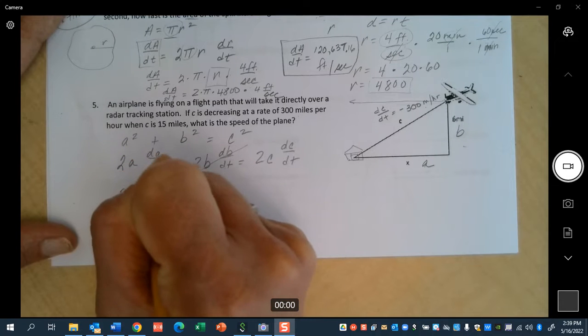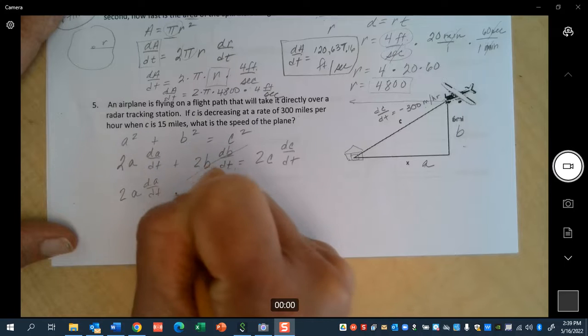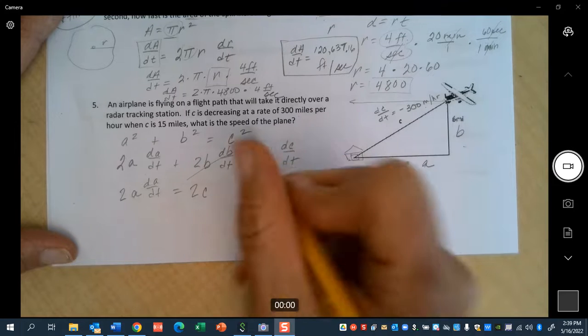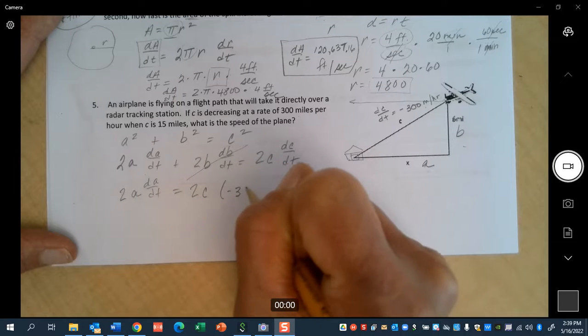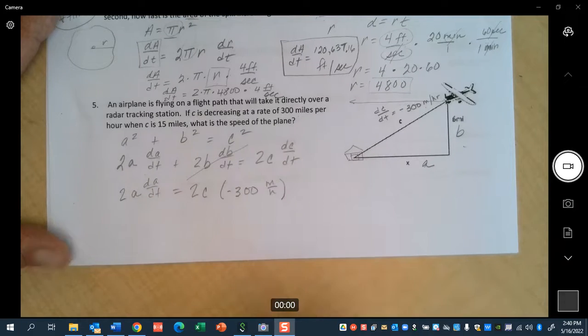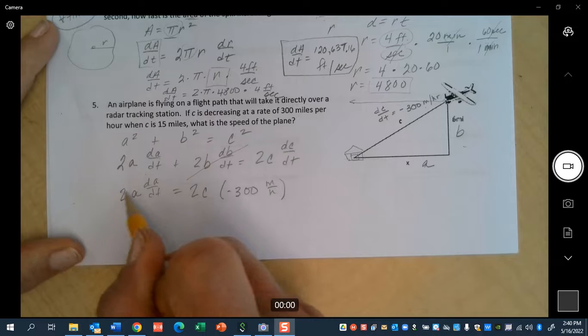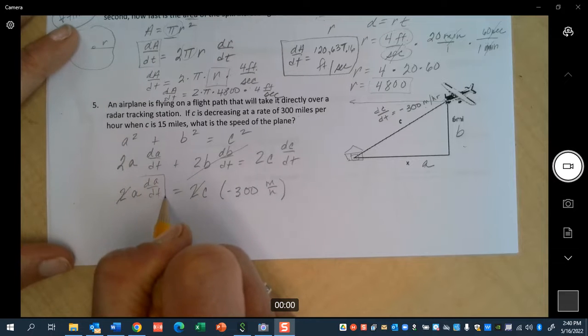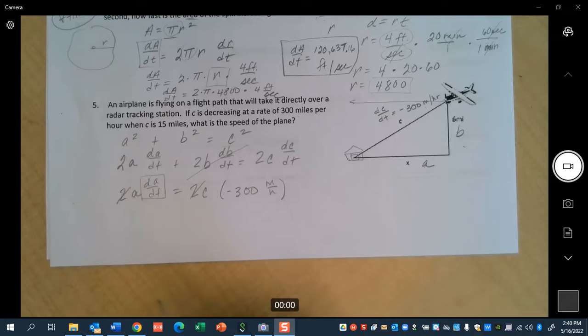So 2A dA/dt is going to be equal to 2C, and I already know what dC with respect to time is. You okay if I cancel my 2's out? I'm solving for the speed of the plane.